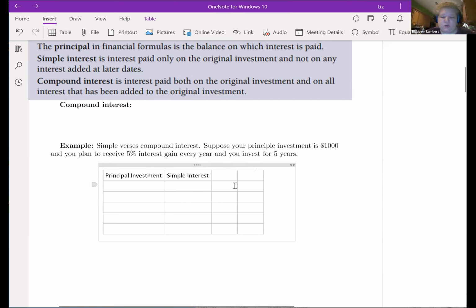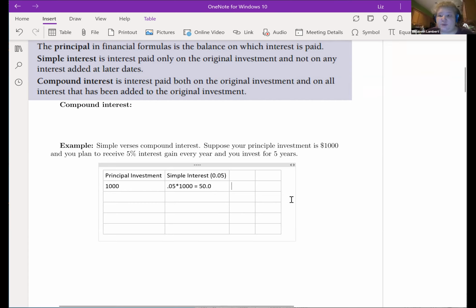In this case, we're working with 5%, which we need to work with as a decimal. So that is 0.05. The principal investment is $1,000. 5% of 1,000 is $50. So we do 0.05 times 1,000. There's our $50.